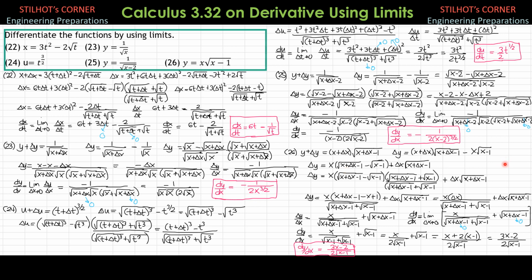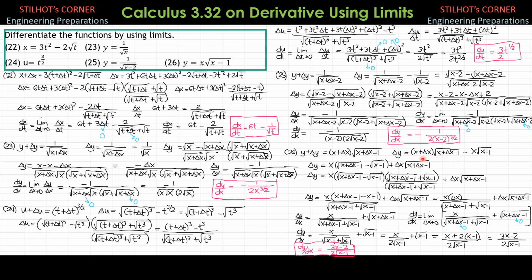So delta y is, factor out x rather, x times the quantity. We have the first term, x times the square root of the quantity x plus delta x minus 1, then minus x square root of x minus 1.